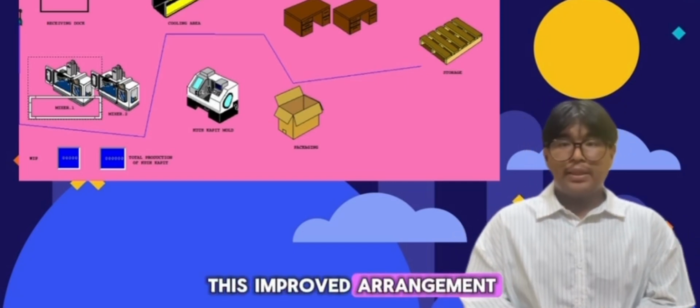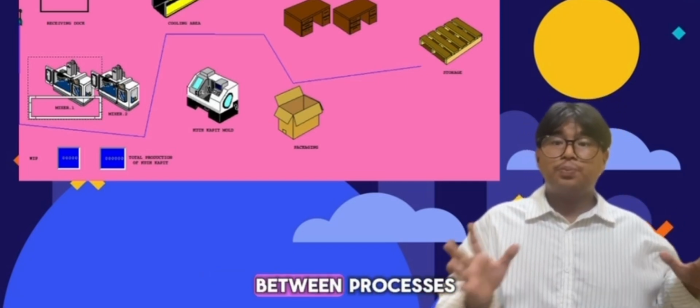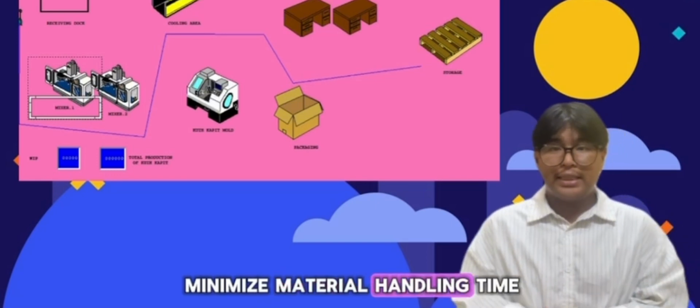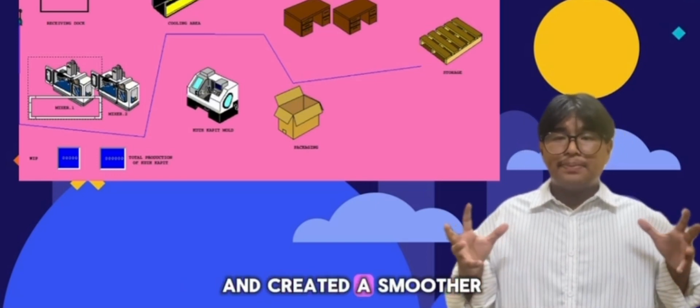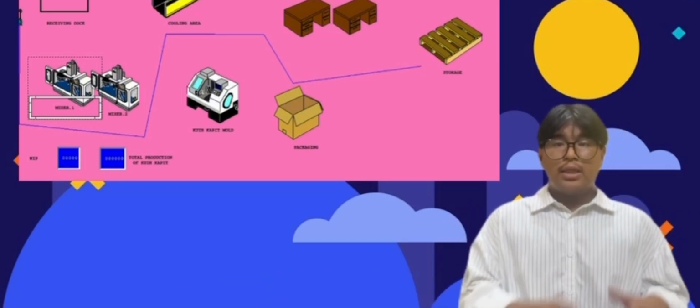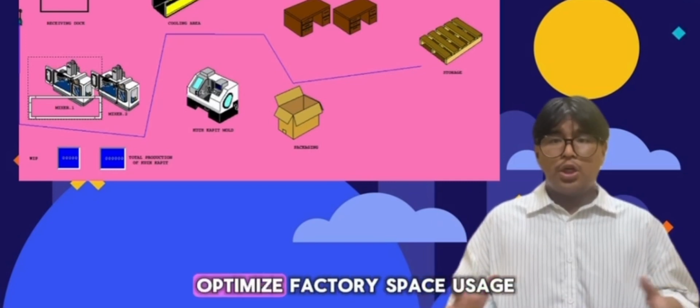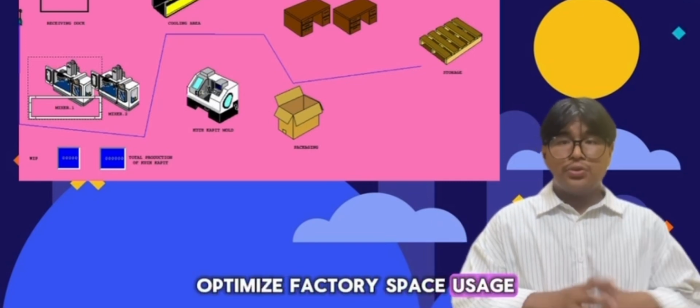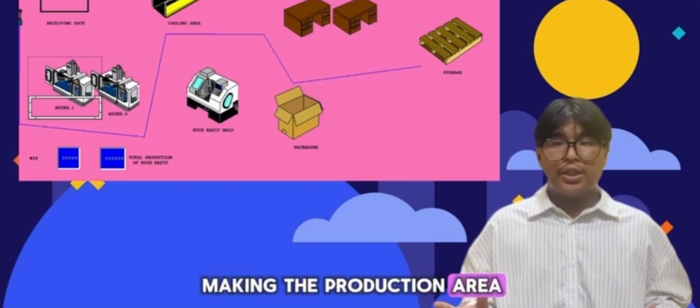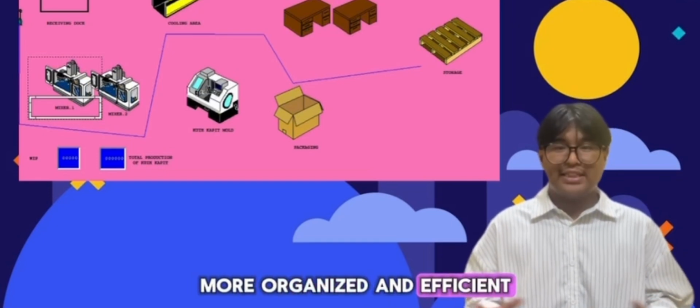This improved arrangement reduced the distance between processes, minimized material handling time, and created a smoother material flow. The redesigned layout also optimized factory space usage, making the production area more organized and efficient.